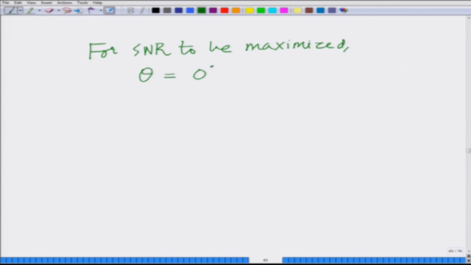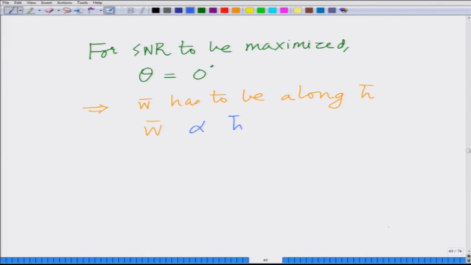theta equals 0 degrees implies W bar has to be along the direction of H bar, or another way of saying that is W bar is proportional to the vector H bar.